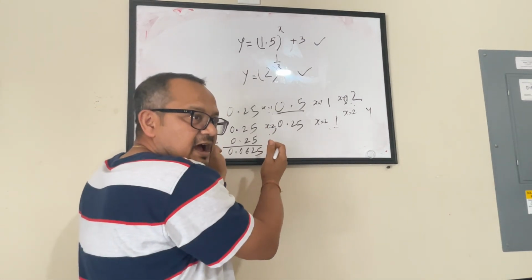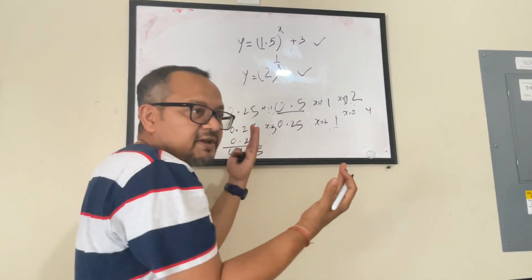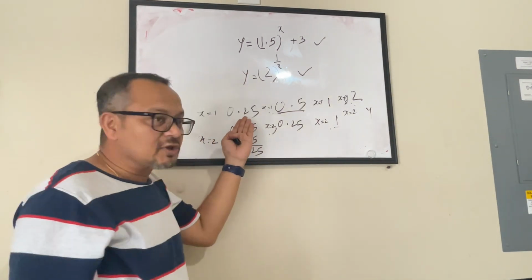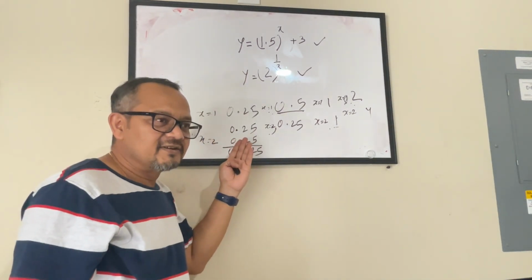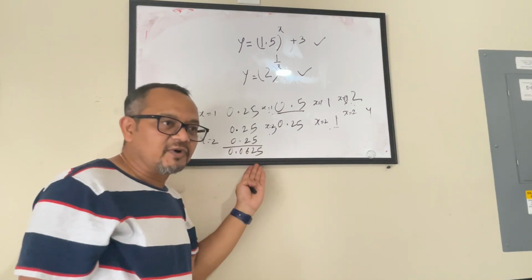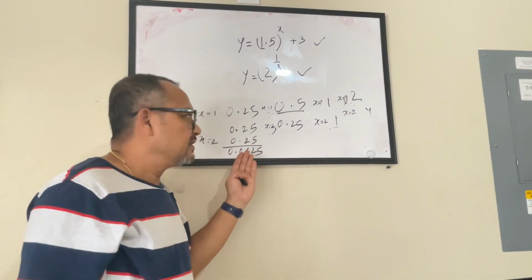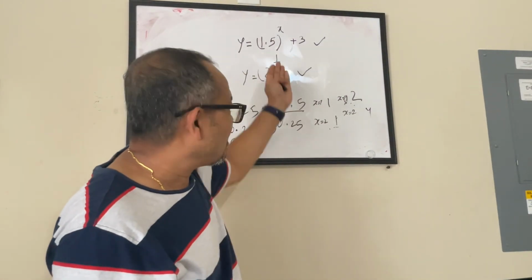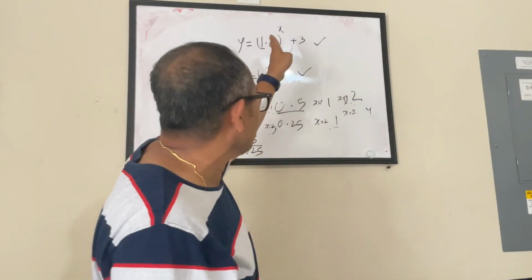Right? Half of half is 0.25. 1/4 of 1/4 is 0.0625.